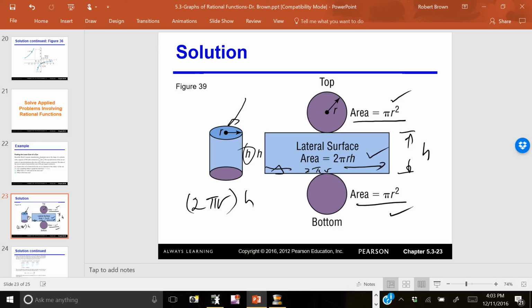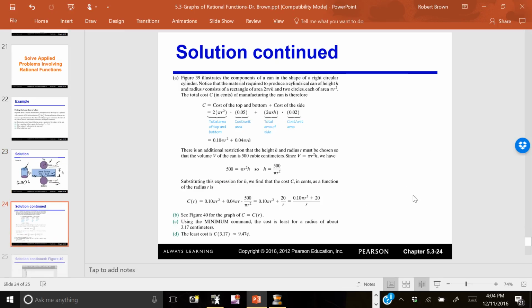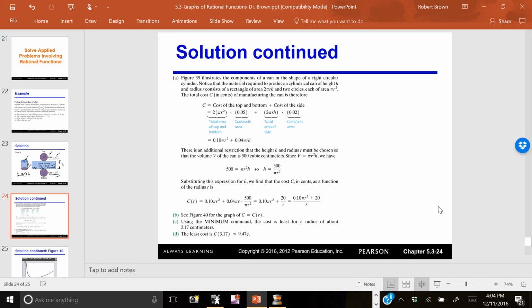So now, knowing that the top costs 0.05 and the bottom costs 0.05 per square centimeter, and the lateral area around the can costs 0.02, we can now write an equation for the cost.